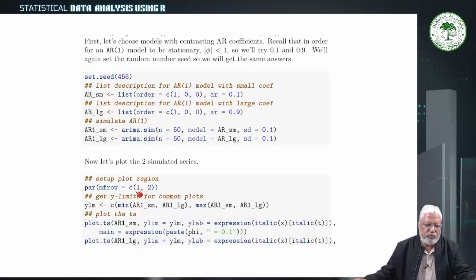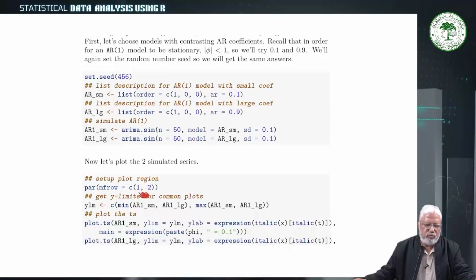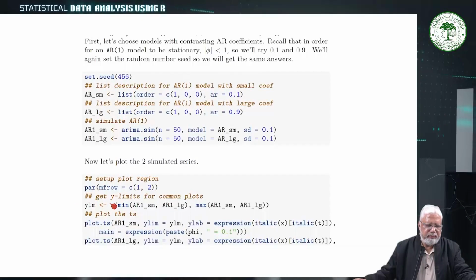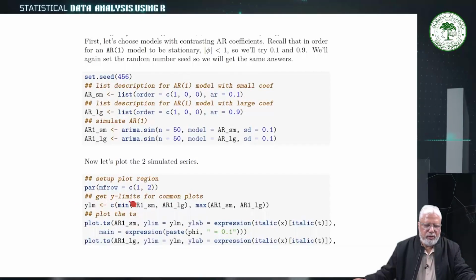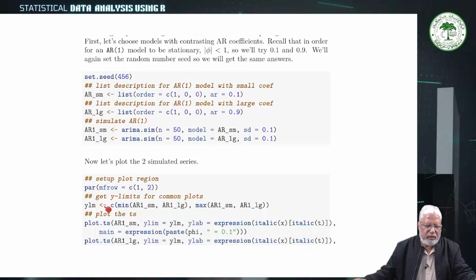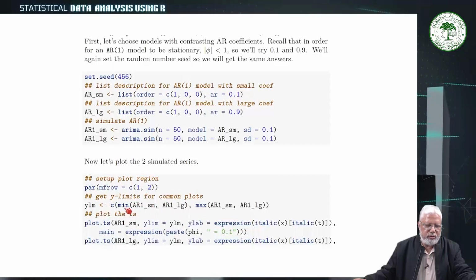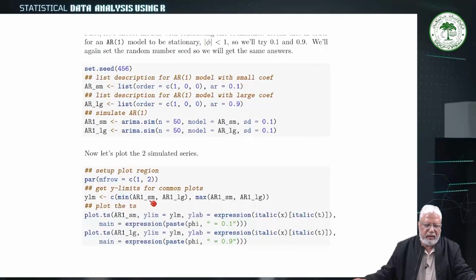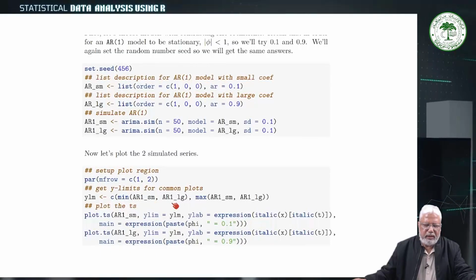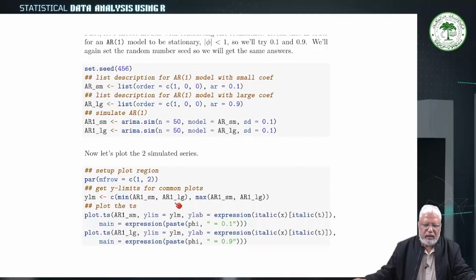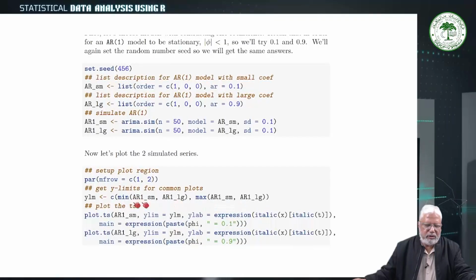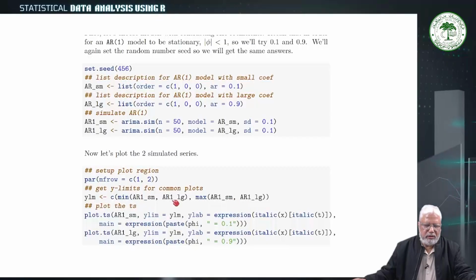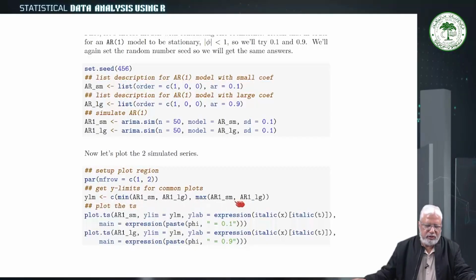par(mfrow = c(1,2)), that is 1 row and 2 columns, and we get y limits for the column plots. ylm is equal to c(min, minimum of ar1_sm and ar1_lg, and maximum). So this is ylm, the range, the limit of the y axis.